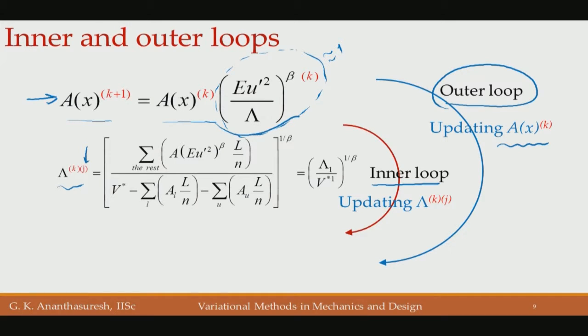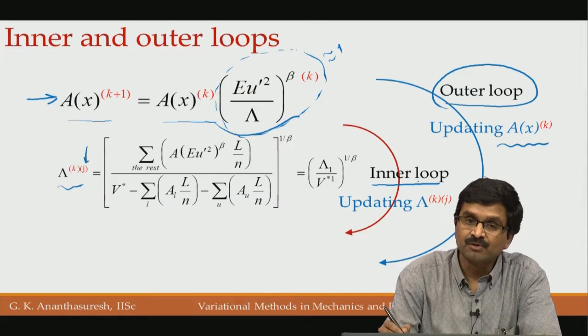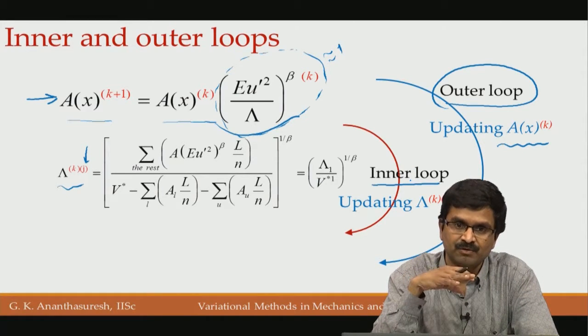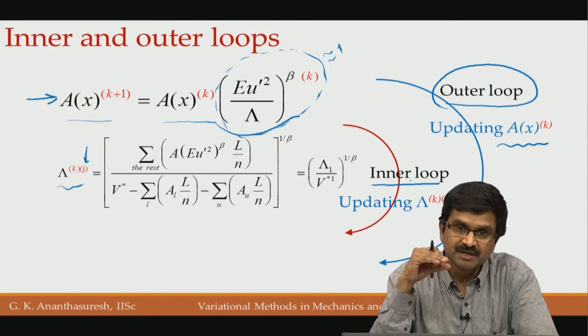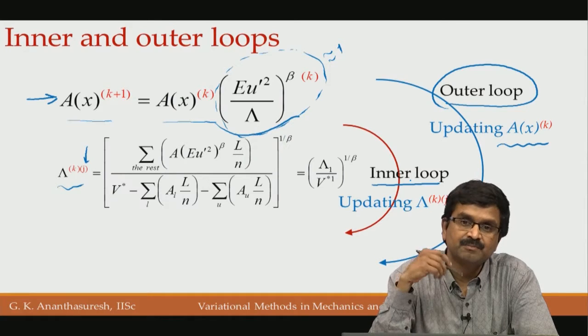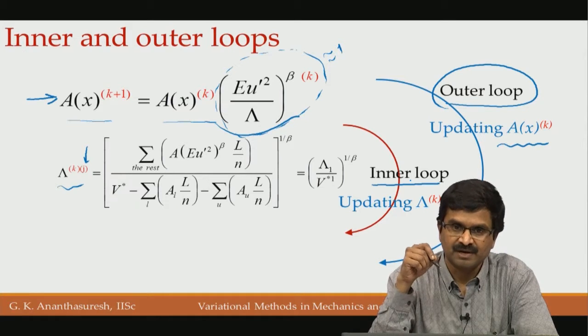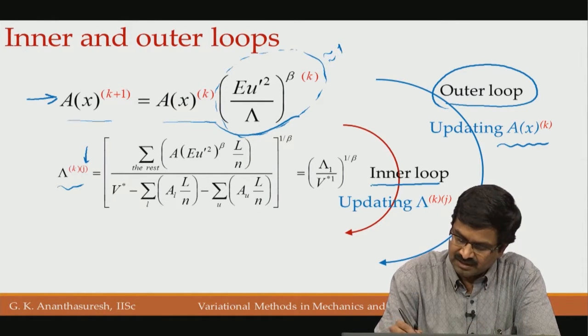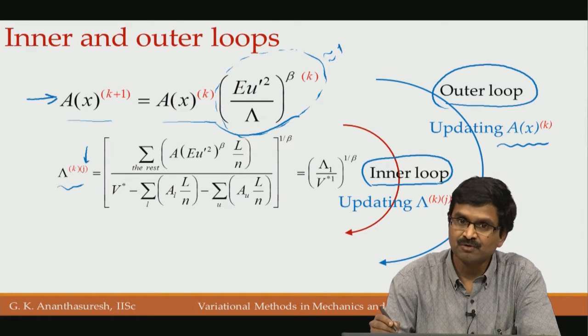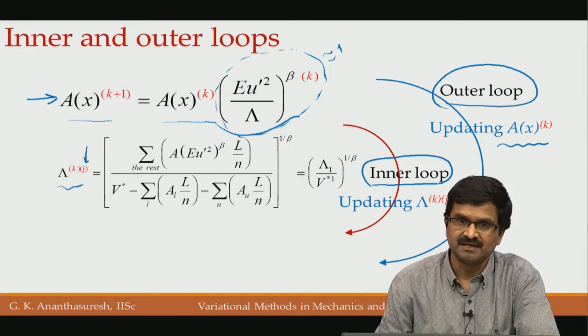So, when you do that, the lambda value has to be updated because lambda was calculated in the iteration of the inner loop when you begin, assuming that nothing has gone above and below the bounds. Now, we are pushing it, we have disturbed the area profile. So, you have to recompute the value of lambda, which is what necessitates this inner loop. So, we have an outer loop and inner loop as indicated here.